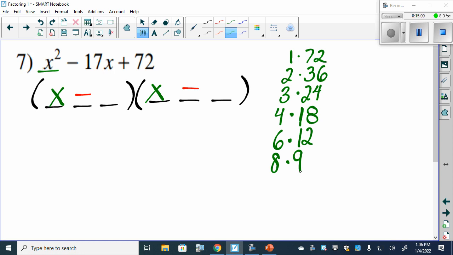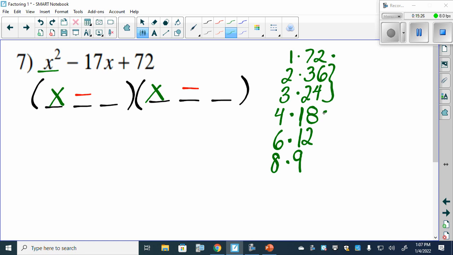Which ones in particular are we probably not going to use or are not going to work? I'd say 1 and 72 is definitely not going to work because that's way too big. Yeah. I'd say at least these two and maybe this one here. Because if the signs are the same and we're adding or subtracting the numbers, they're only going to get bigger.